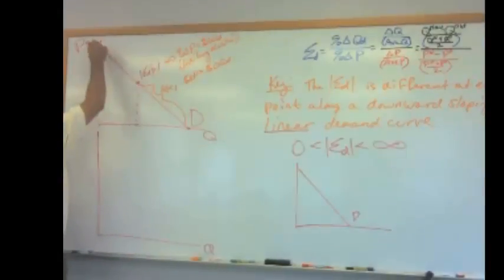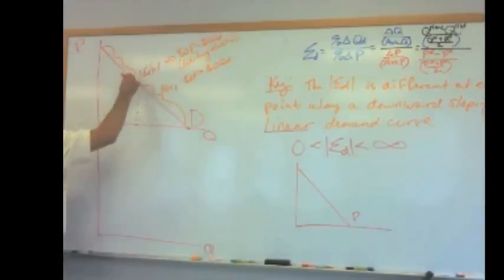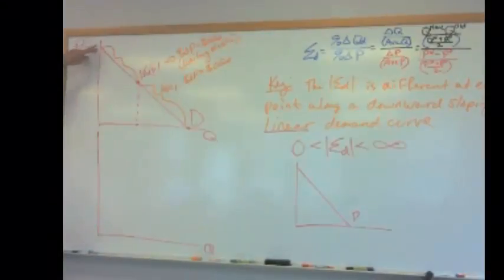Let me jump up here. As we get really close to the vertical axis, what would be the values of that elasticity of demand? What would they be approaching? Something really big. If we're right up there, it's approaching one of the endpoints. Is it the infinity endpoint or the 0 endpoint?